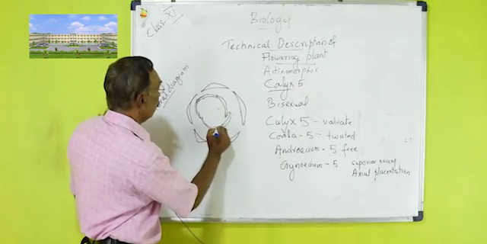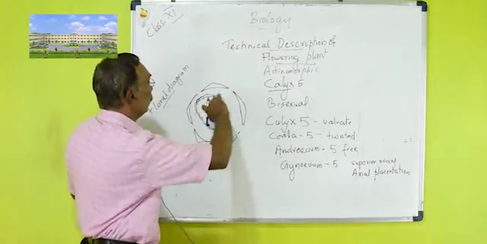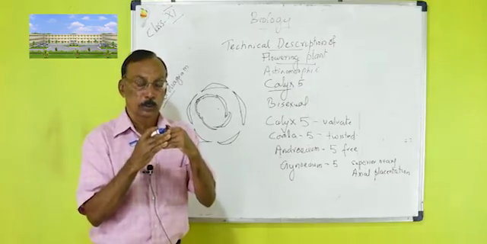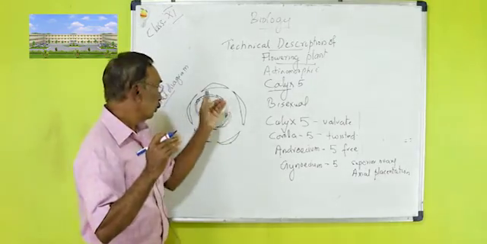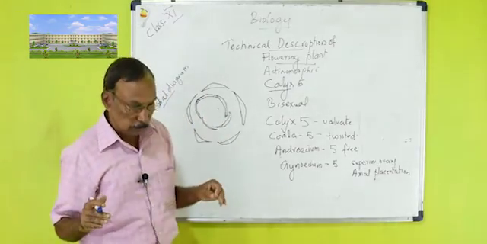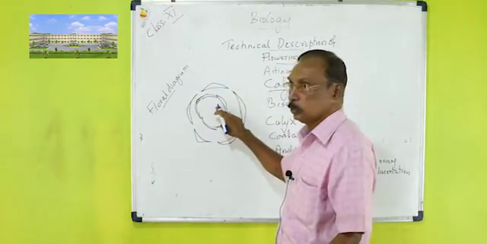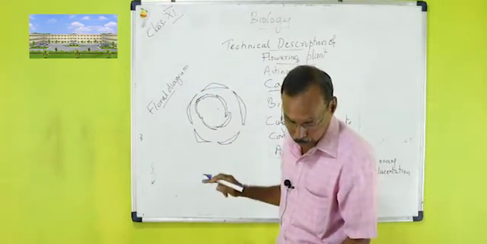So this is one end outside, one end inside, and it is going like this. And this arrangement is called twisted.